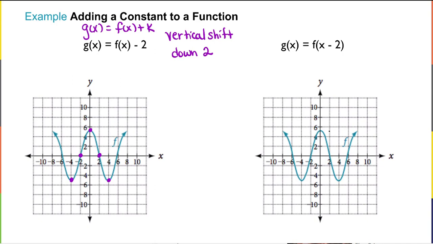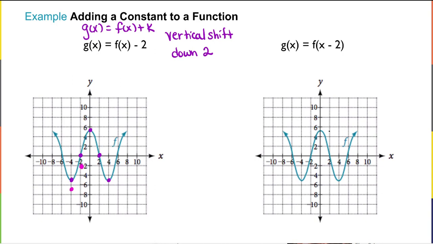Now notice we're counting by 2s on this graph. Alright, so I'm going to go down 2. So it looks like I only went down 1, but remember the graph is counting by 2s. So I'm going to take this point here, and I'm going to go down 2. Take this top point here.